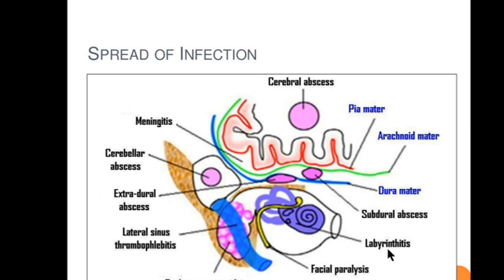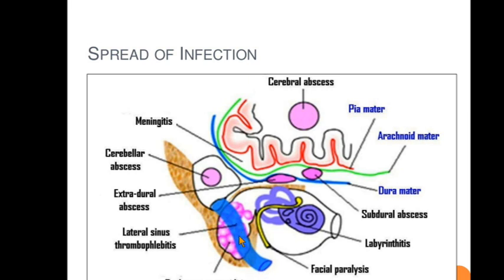Okay, so labyrinth is getting involved, labyrinthitis, facial nerve paralysis, cochlea getting involved. So actually this arrow should point here. This is the cochlea leading to sensorineural hearing loss. Coalescent mastoiditis, the mastoid itself has undergone complication.